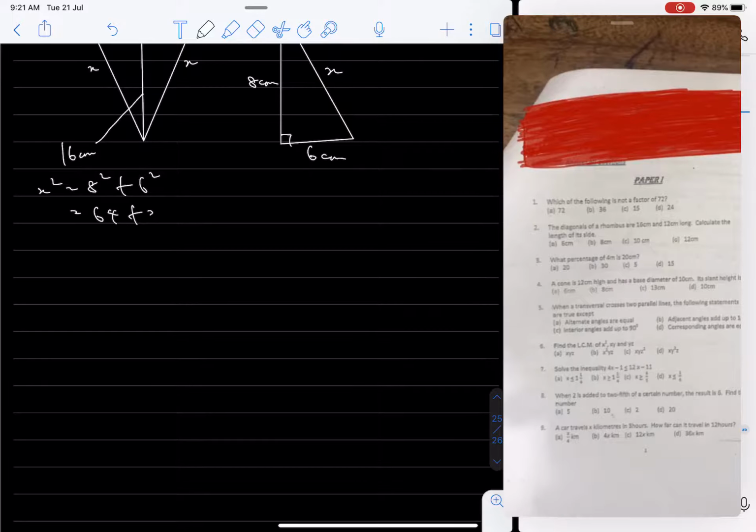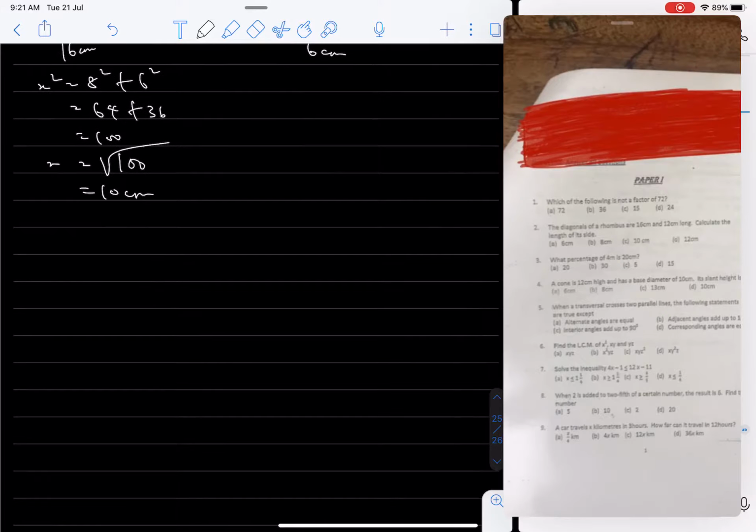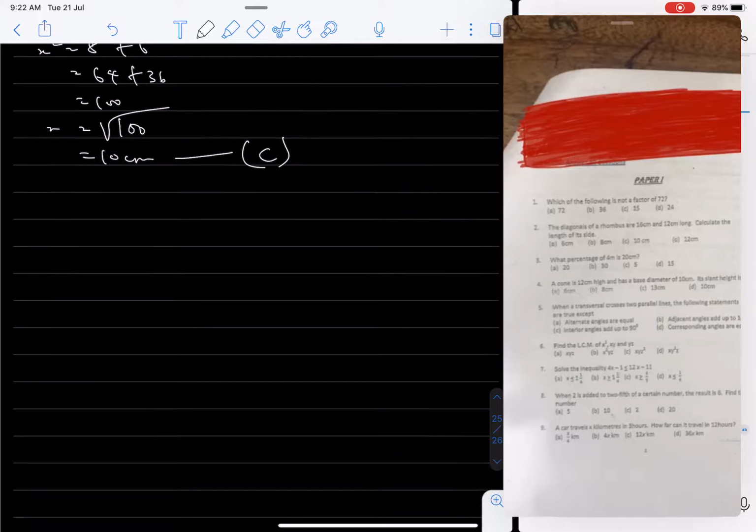That means 64 plus 36, which is 100, and X is the square root of 100, which is 10 centimeters. So the length of each side of the rhombus is 10 centimeters, and that's option C.